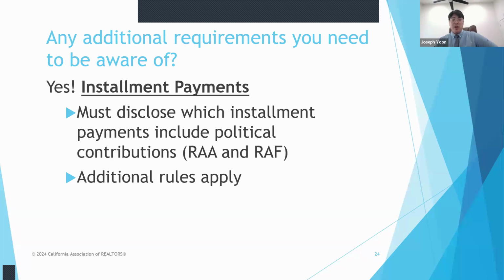So we need disclosure on which installment payments include RAA and RAF amounts, so we could comply with those requirements. There may be additional requirements too for installment payments, but it's just not a common option. So if this applies to you and your association, please reach out to us and we could go over the specifics in detail.